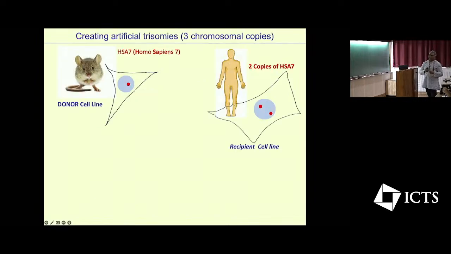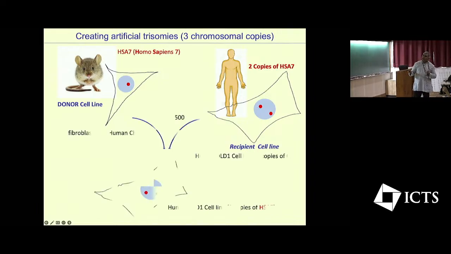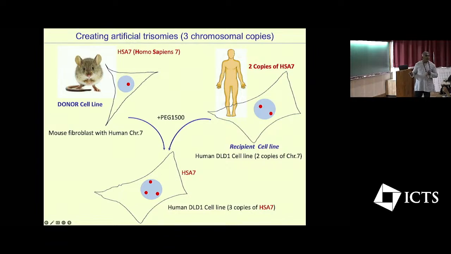What is the use of such a very interesting trans-species system? We'll see shortly. So it's just a cartoon representation explaining how we did this experiment. There is a donor cell line here which has one single copy of Homo sapiens chromosome 7. And here there's a recipient cell line which has 2 copies of human chromosome 7. So the advantage of such a model is that you can fuse this cell type with this cell type and generate the kind of chromosomal aberration that you may want to see.